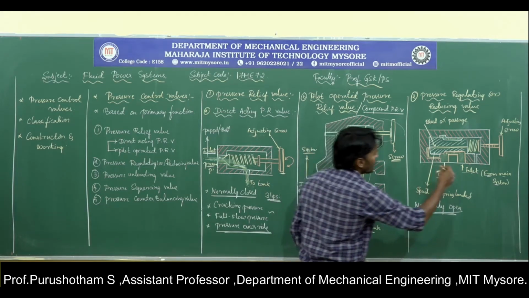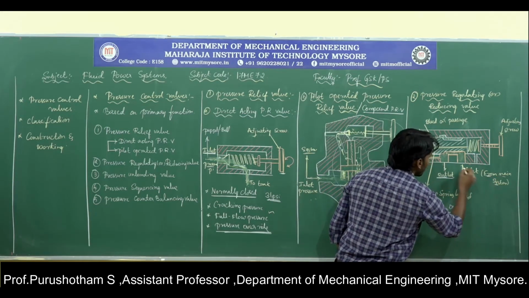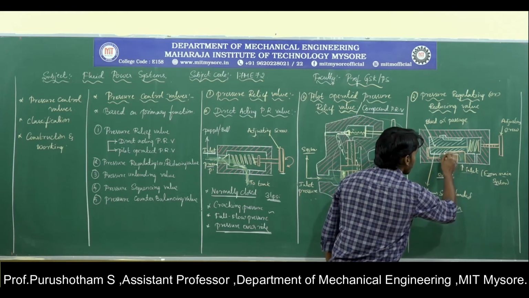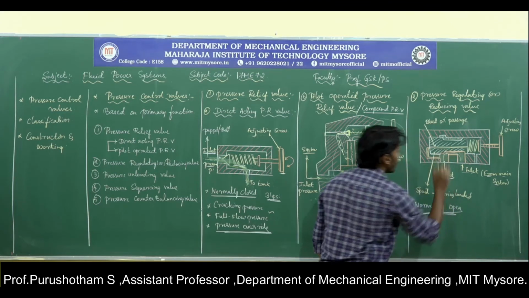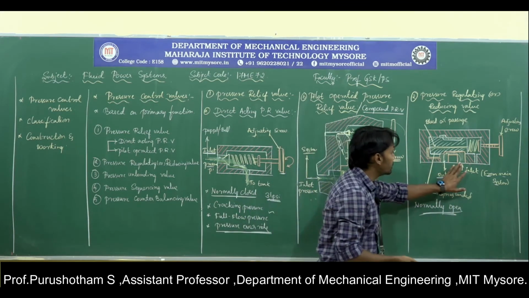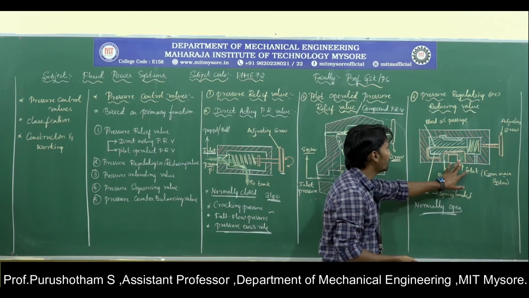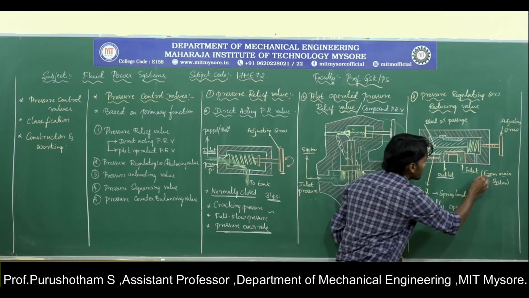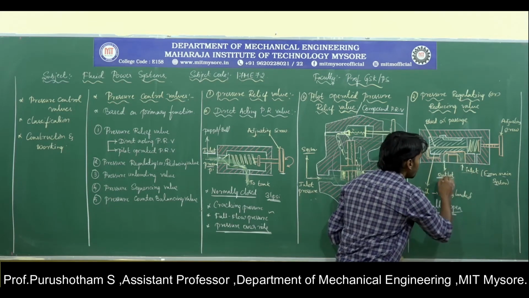Now when the fluid enters from the main system and the system pressure is less than the prescribed pressure, the fluid goes to the outlet.